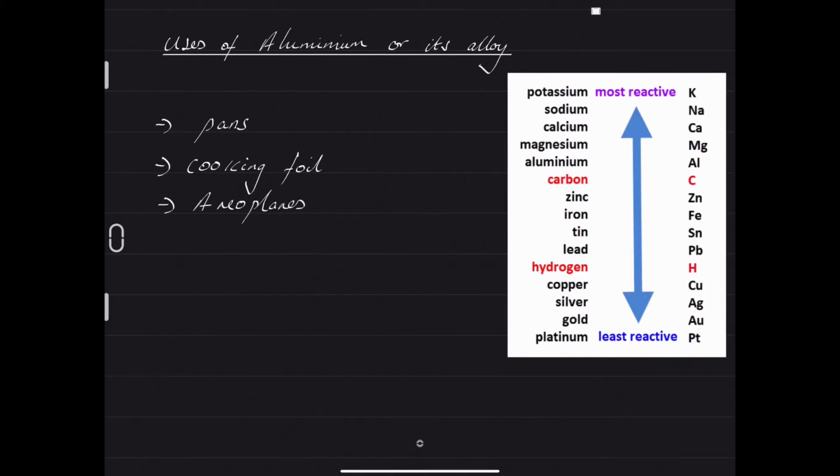So that's the first part. So aluminium becomes unreactive even though it's a very reactive metal, as you can see on the chart to the right.